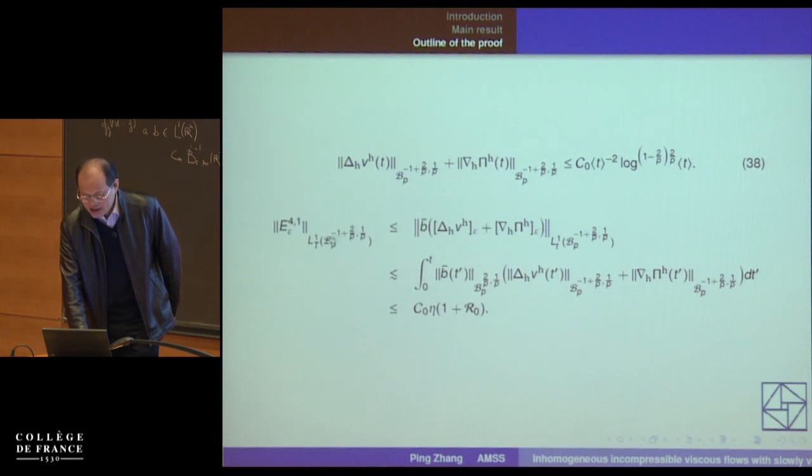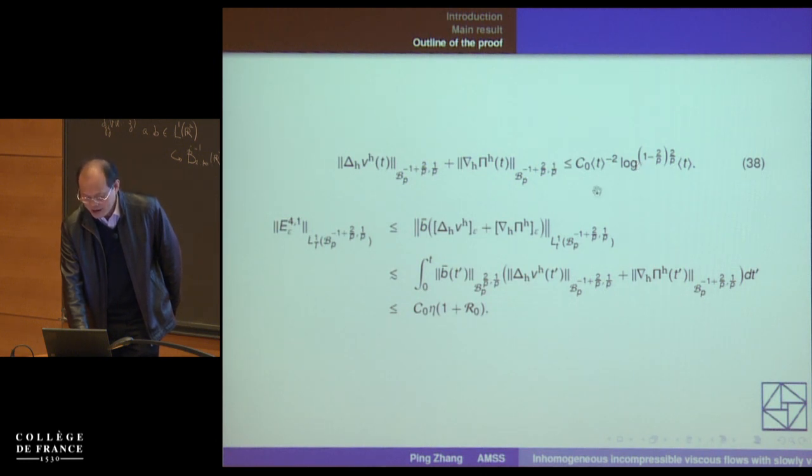Then we can estimate this E epsilon, which equals B bar times Laplacian H, VH epsilon, in this anisotropic Besov norm. By the product law in the space variable, this product can be estimated by this norm times this norm. And this norm grows like square root of t. But here we have this decay, like t to the power of negative power of 2.